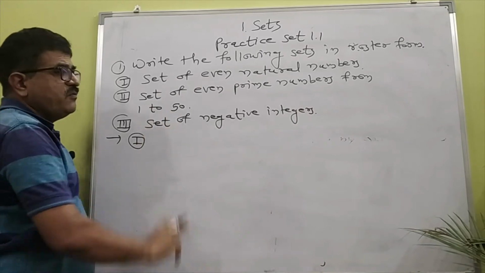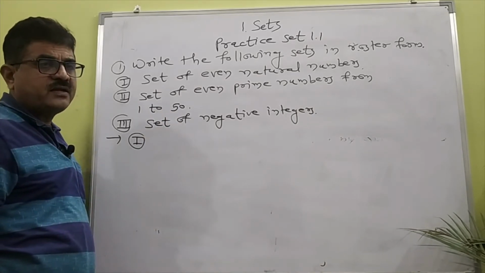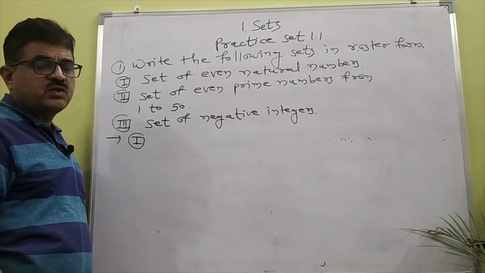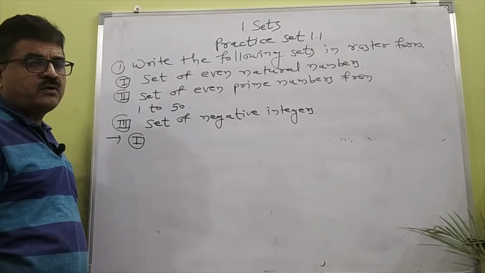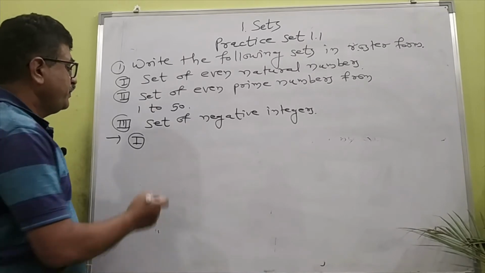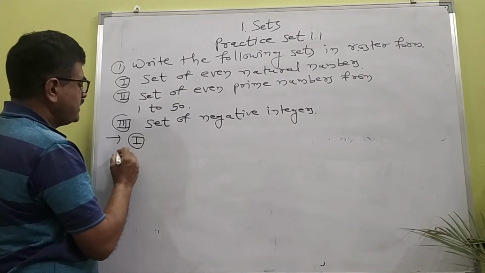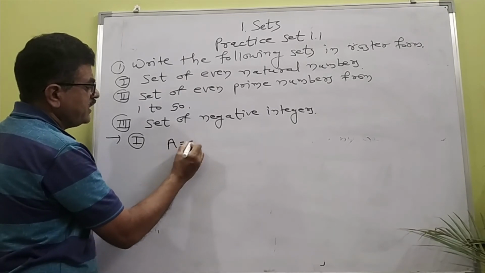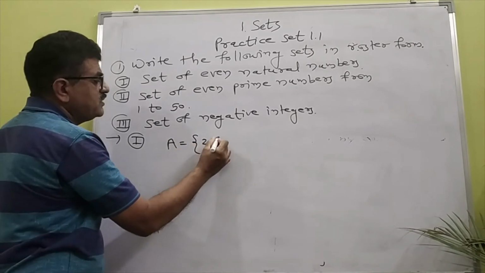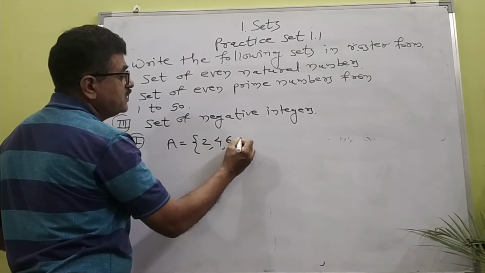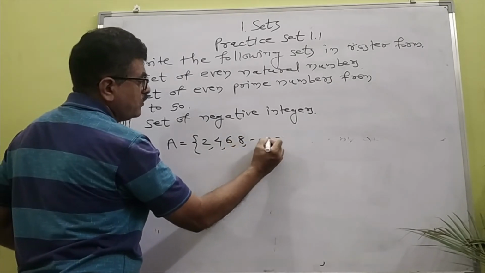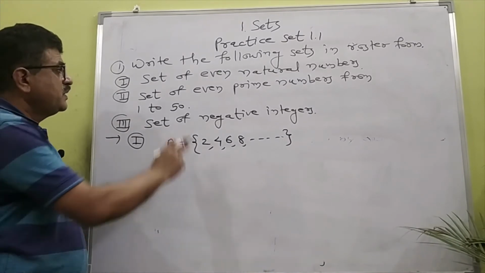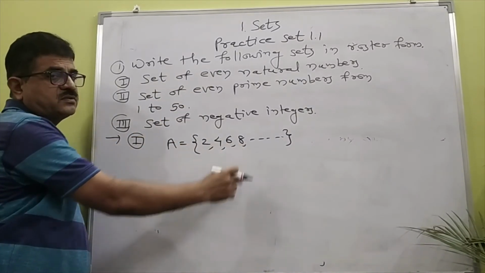We know that the first even natural number is 2, second 4, 6 and so on. Suppose this is set A, which contains elements 2, 4, 6, 8 and so on. This is the answer of first.